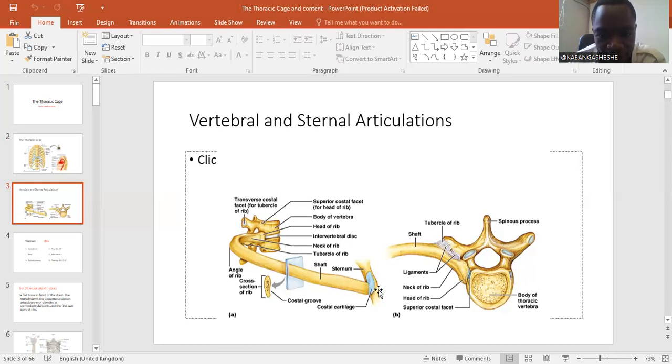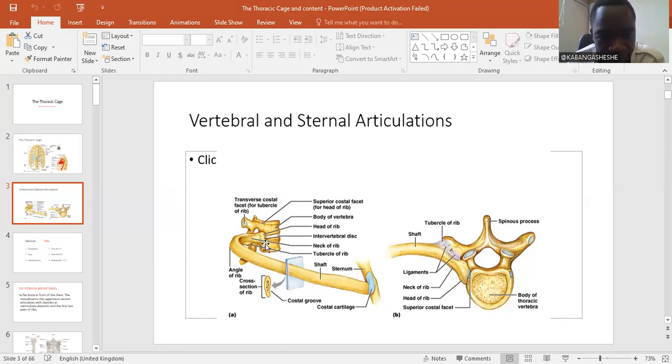Nevertheless, anteriorly we're expecting two joints. There's a joint between the rib itself and the cartilage, that is a costochondral junction. Then the costal cartilage makes a joint with the sternum. Only 7 out of 12 ribs are attached to the sternum.